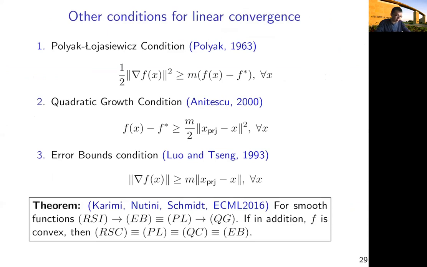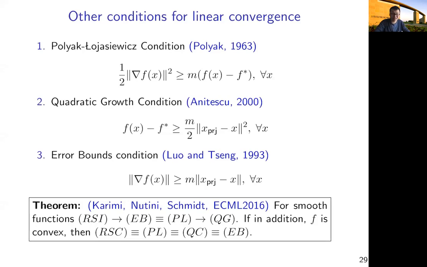There are other conditions that can be used to guarantee linear convergence: the PL condition, the quadratic growth condition, and the error bounds condition. All of these say specific things about the function we're minimizing. In the PL condition, the suboptimality can be upper bounded by the gradient.